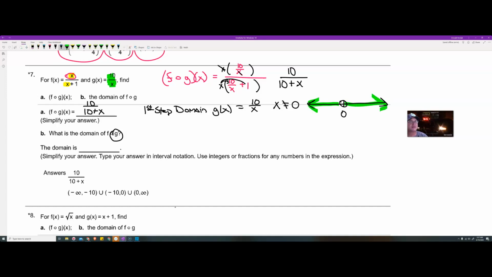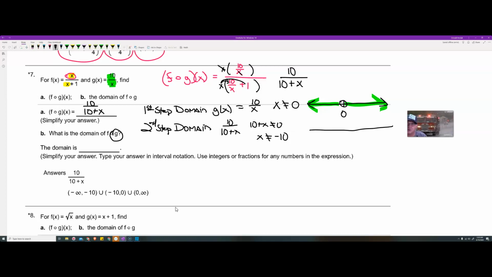My second step now is, what is the domain of the composite, which is 10 over 10 plus x. The denominator is not allowed to equal 0, so x is not allowed to equal negative 10. That would be all real numbers except negative 10.